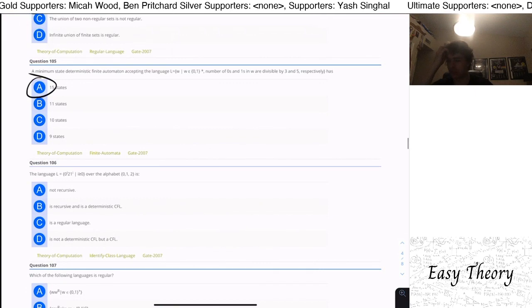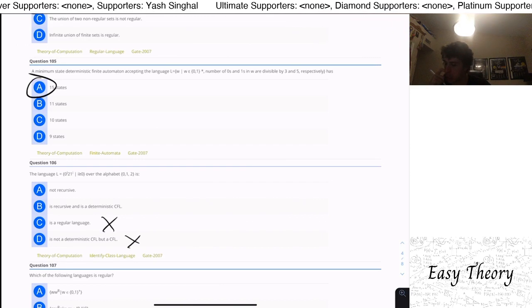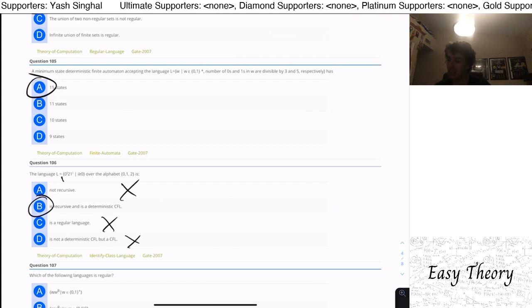So let's see. The language, it's definitely not regular, so it's not that one. It is deterministic context free, so that's not the answer. Is recursive. It's definitely not recursive, so therefore it is a deterministic CFL because it's like zeros and ones again with a character in the middle to help you.